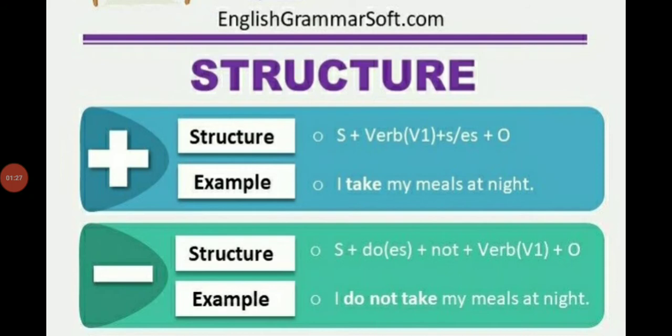Example is given, and if the subject is plural or if the subject is I, then we use only verb first form, and that is I, we, you, they, and the plural noun. So here you can see the example given. I take my meals at night. It means I is the plural subject given here, and along with that, the verb take, verb first form, is there.